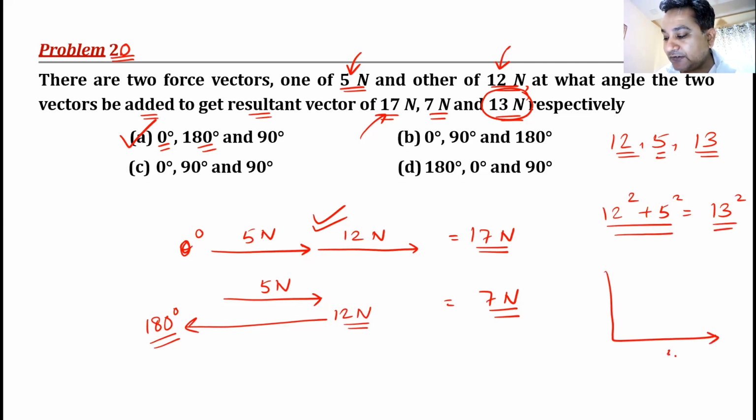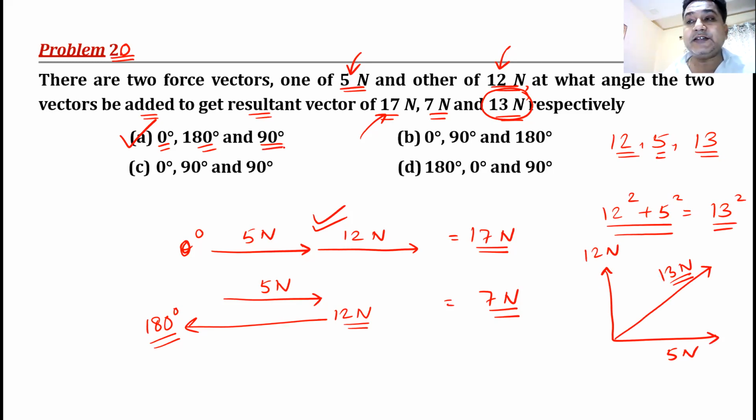If one vector is like this, 5 Newton, the other vector is like this, 12 Newtons, then 5 squared plus 12 squared, the answer would be 13 Newton. You understand this? Yes. The third will be 90 degrees and that would be your answer. The first angle is 0 degrees. The second angle is 180 degrees. The third angle is 90 degrees.